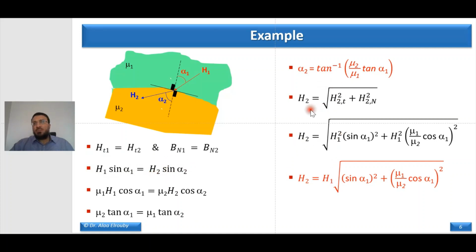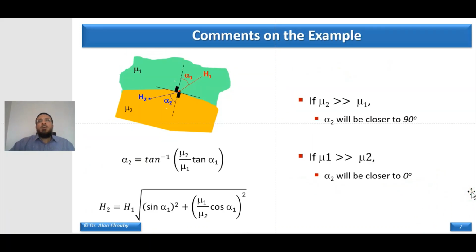So now we have the value for H2, and we have the value for alpha 2, and we have the problem solved. So we now have the solution for alpha 2 and H2.